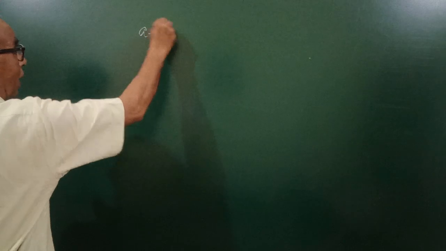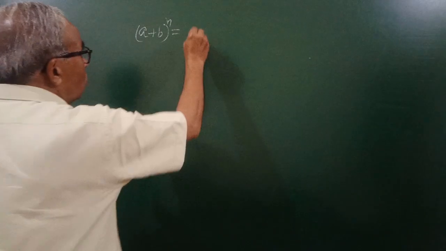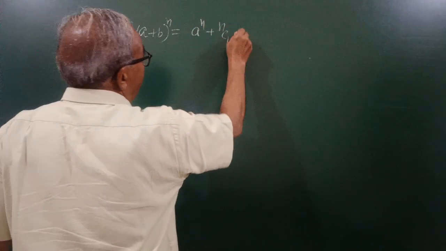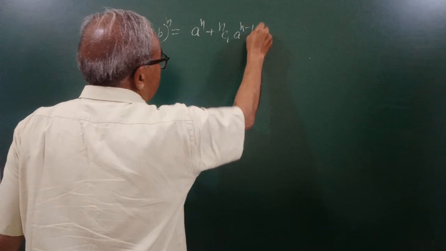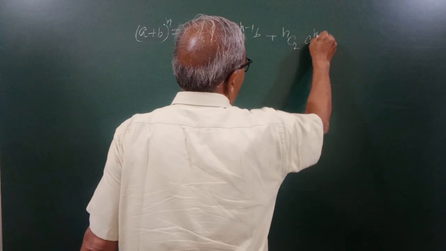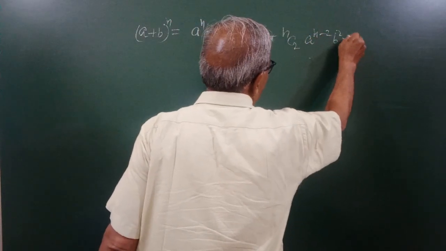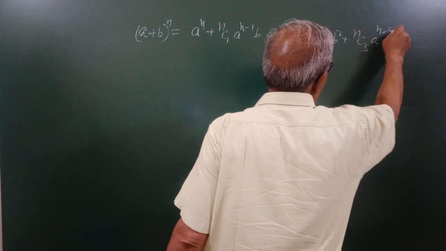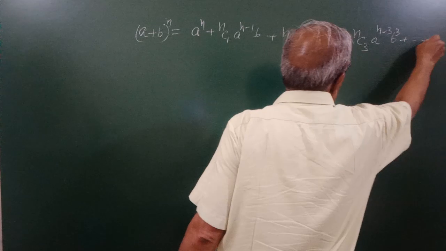Similarly, now you have learnt binomial expansion, (a plus b) to the power n. (a plus b) to the power n is equal to a to the power n plus nC1 a to the power n minus 1 b plus nC2 a to the power n minus 2 b square plus nC3 a to the power n minus 3 b cube plus and so on.